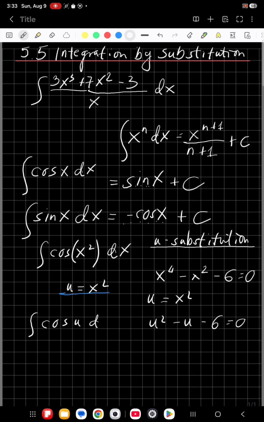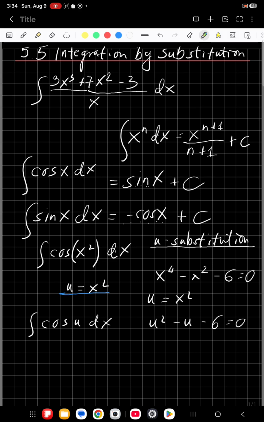The problem is that now I have dx. In my function I don't have x anymore, but it still looks like I'm integrating with respect to dx. So I need to change the dx to du.